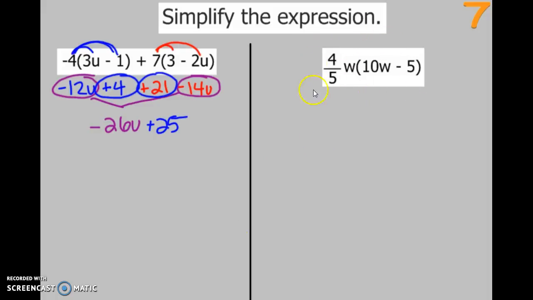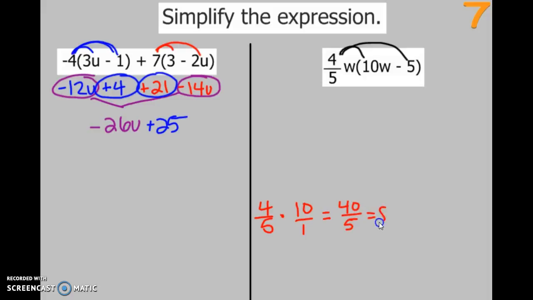This last one is tricky because we haven't done any with fractions yet. If we're distributing or multiplying just like we've been doing, this is really 4/5 times 10 if we're just multiplying the numbers. 10 is really 10 over 1. So multiplying across the top, 4 times 10 is 40. 5 times 1 is just 5.